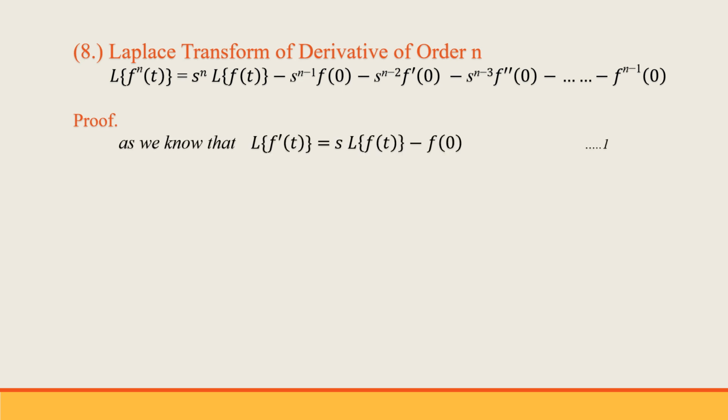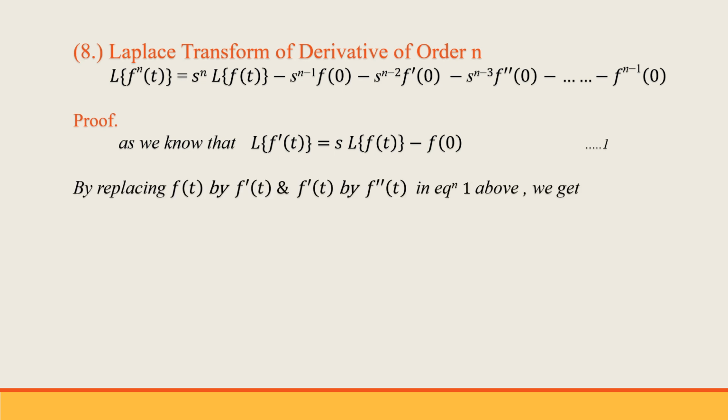Starting from what we have just proved, that is, the Laplace transform of f'(t) equal to s into Laplace transform of f(t) minus f(0), replacing f(t) by f'(t) and f'(t) by f''(t) in this equation, we get the Laplace transform of f''(t) equal to s into Laplace transform of f'(t) minus f'(0).